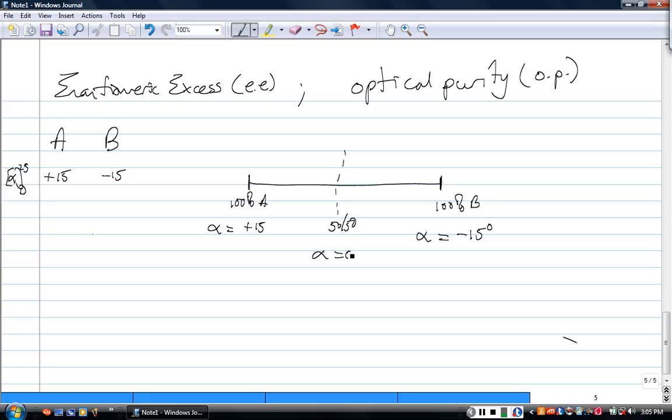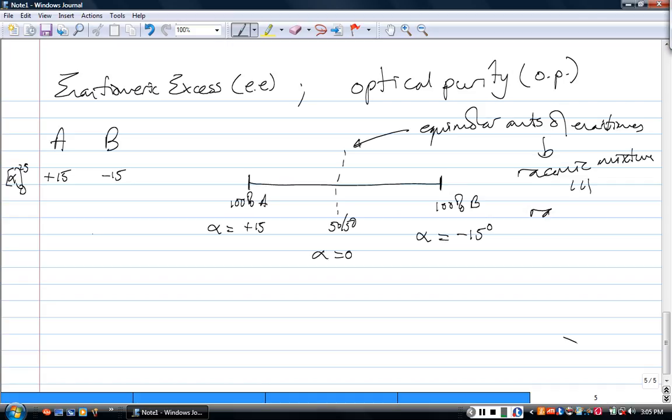And of course it will, because I'll have just enough of the levorotatory enantiomer to counterbalance all of the dextrorotatory enantiomer. And by the way, such a mixture that contains equimolar amounts of the enantiomers is called a racemic mixture or a racemate.